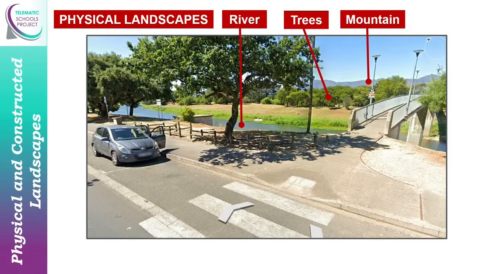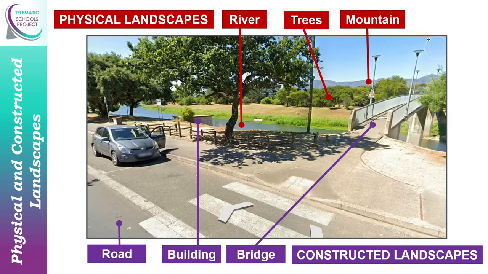I mentioned the word river before that. So that's a physical feature, an example of the physical landscape. We can see trees, we can see a mountain in the background. Then, when it comes to constructed features, I can see a road. There's a little building on the bank of the river. There's a footbridge crossing the river. And those are 3 examples of constructed features.